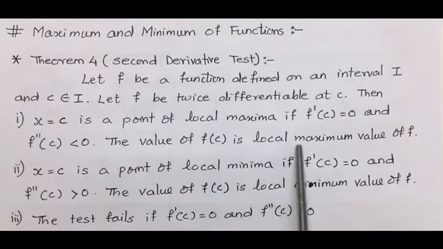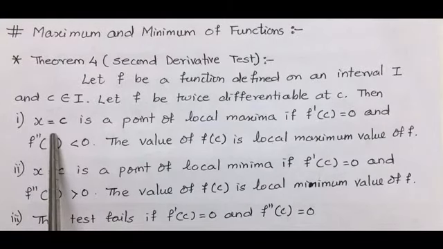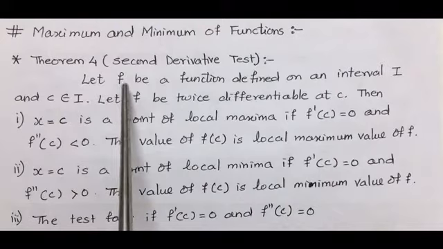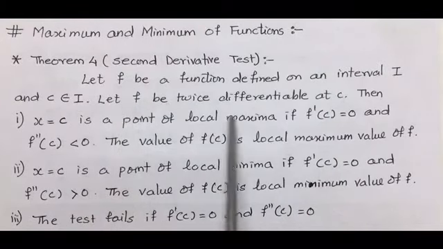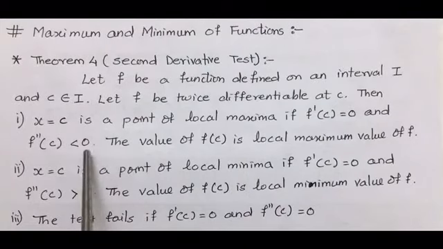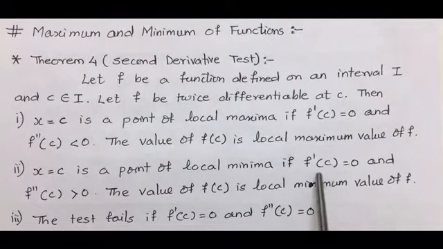And to calculate the local maximum, the value of x calculated will be kept in the function f. So this is a condition for calculating the maximum value at which the function f is maximum. Now to calculate where the function is minimum, again we will equate f dash x to 0.